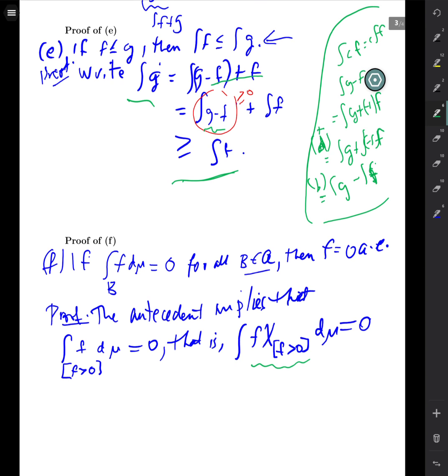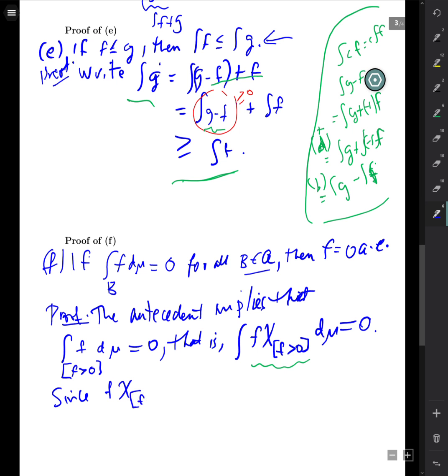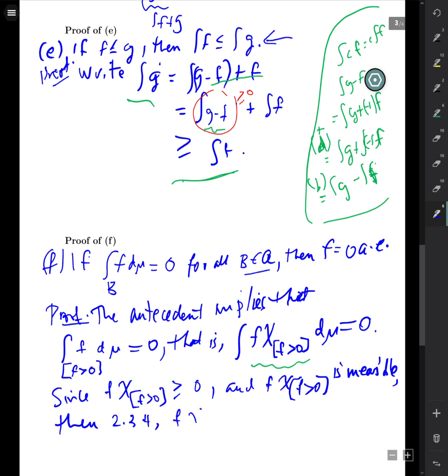So what that says is then, by our earlier result on non-negative measurable functions, since f times the characteristic function of f greater than 0 is non-negative, and is measurable, then by the earlier result, and I believe this one's in 2.3.4, you can check me on that, f times the characteristic function of f greater than 0 is equal to 0 almost everywhere.